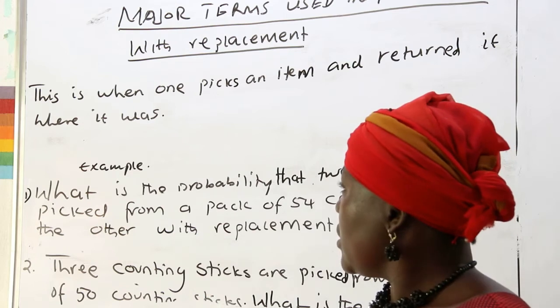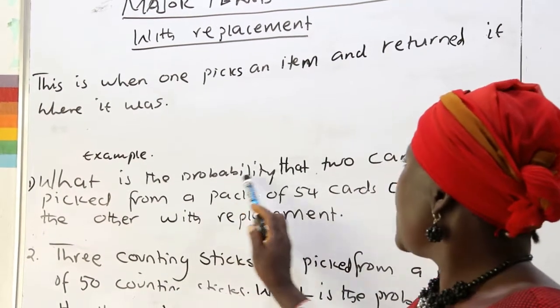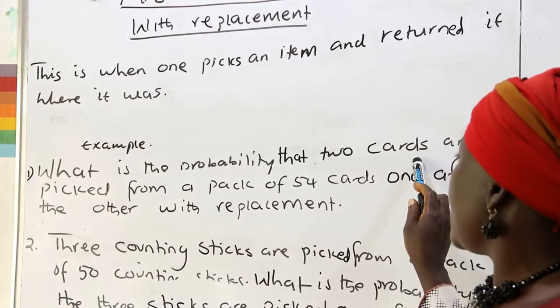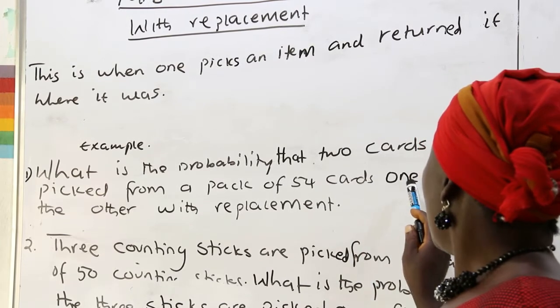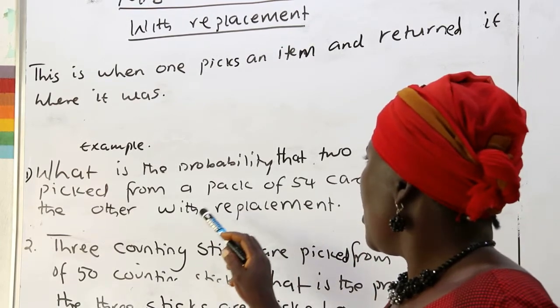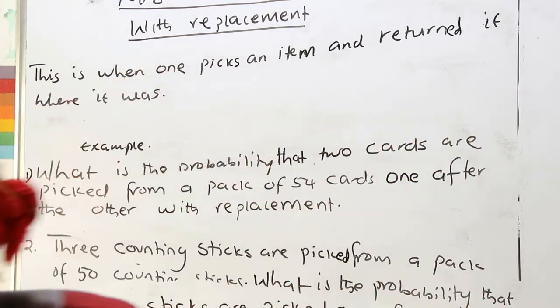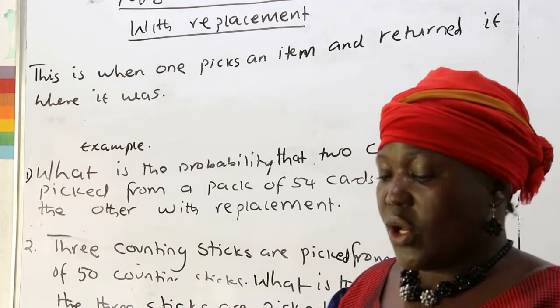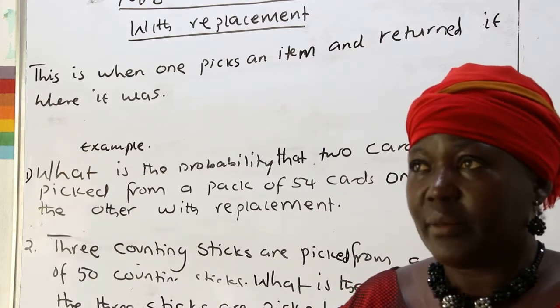For instance, that is example number 1. What is the probability that 2 cards are picked from a pack of 54 cards, one after the other with replacement? So if you have the cards now, this is the pack of the cards. You pick one after the other, you do not pick them at the same time.